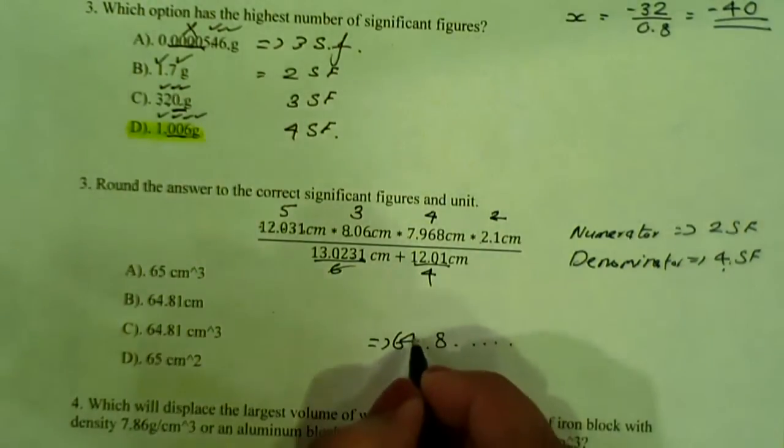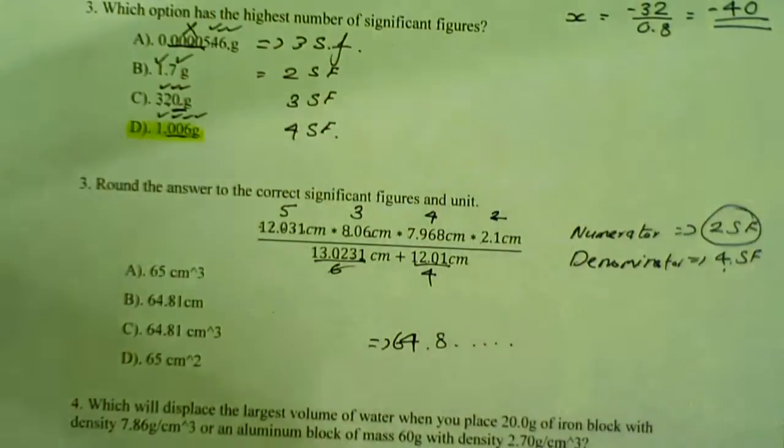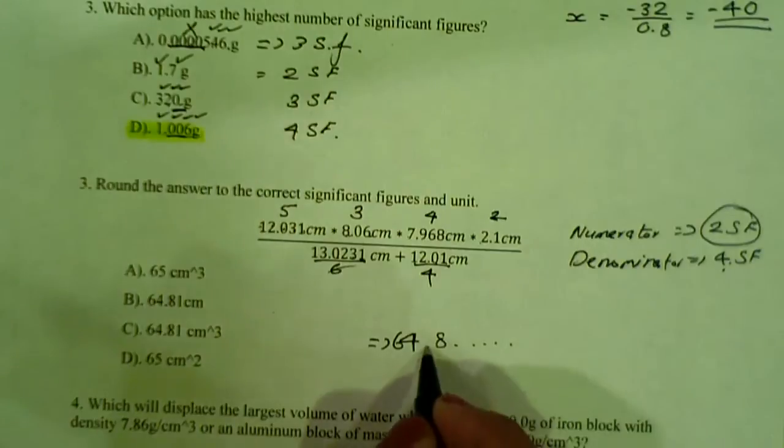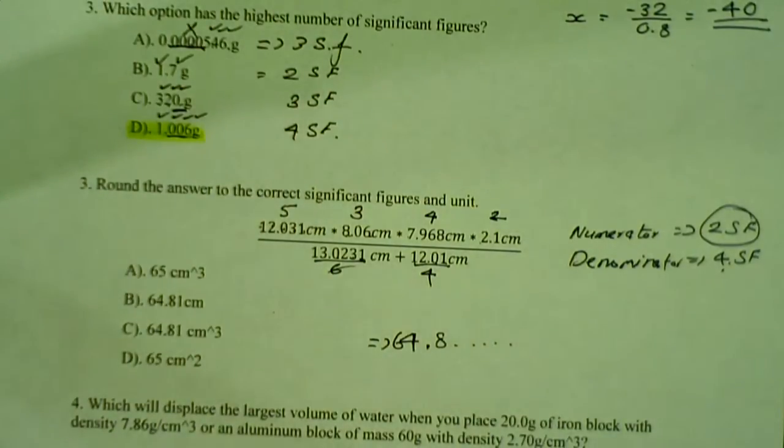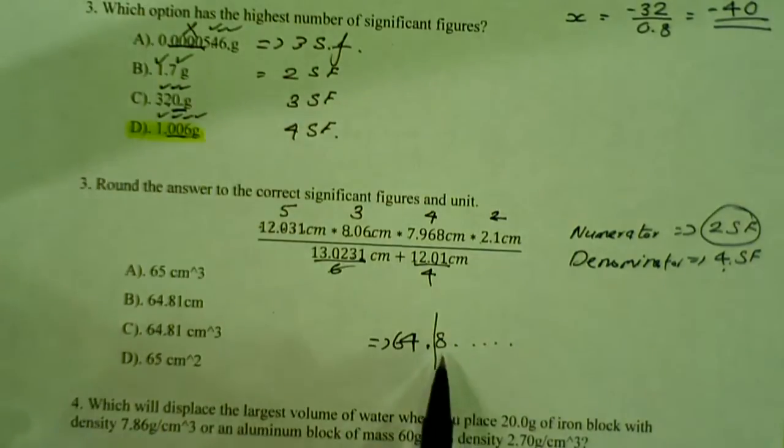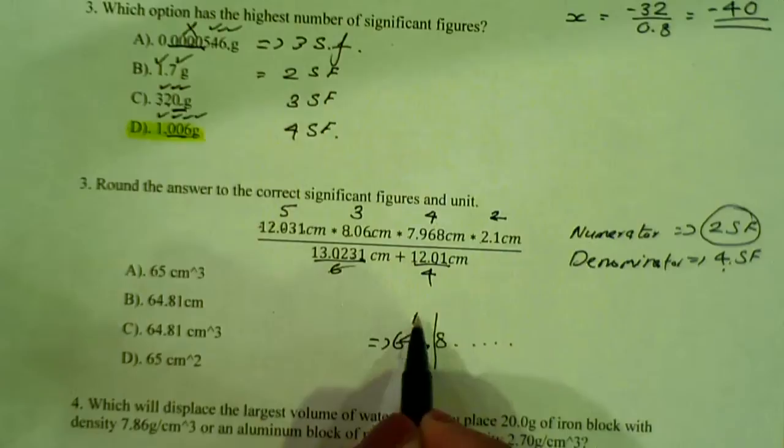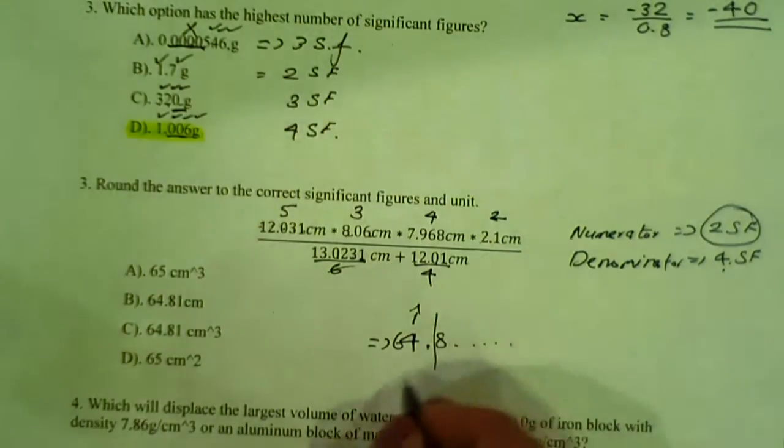Your answer must have 2 significant figures. So when you round 64.8 to 2 significant figures, you get rid of this 8, but this 8 is greater than 5, so the number before it goes up by 1. So you round your answer as 65.